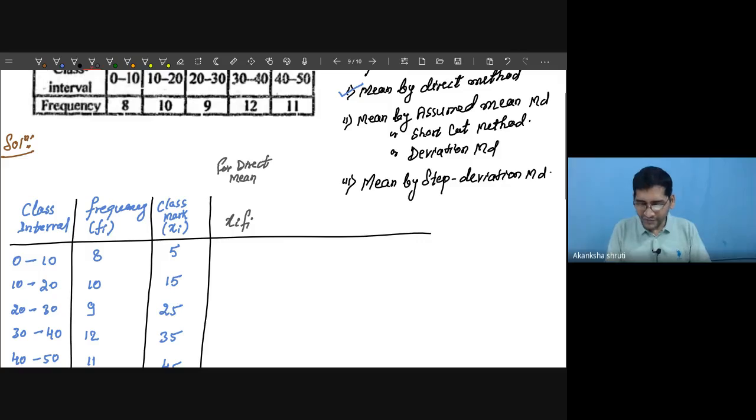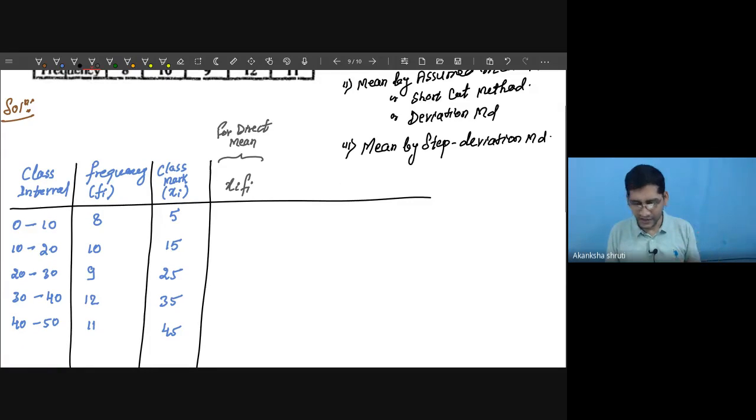This is required for the direct mean only. If the direct mean method is not required, then this column formation is not required. So xi is 5, fi is 8. 8 fives are 40.